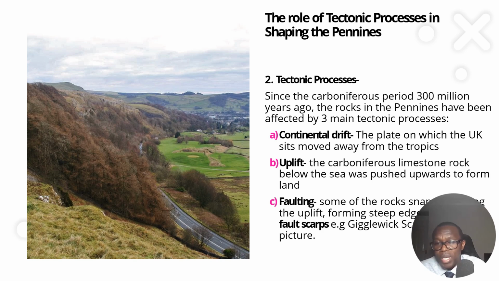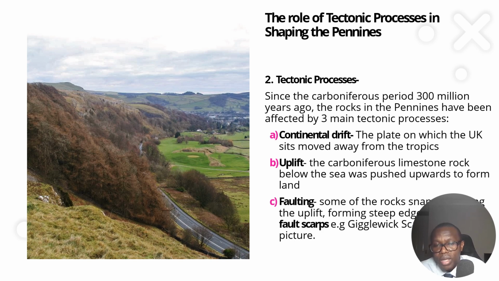So instead of being under the sea, it is now above sea level. And then thirdly, faulting also took place, which is another tectonic process. Some of the rocks snapped as the uplift was taking place, and this formed steep edges, which are known as fault scarps.